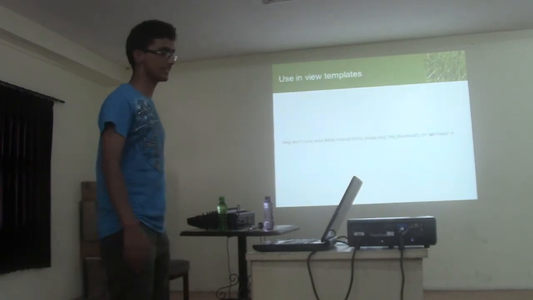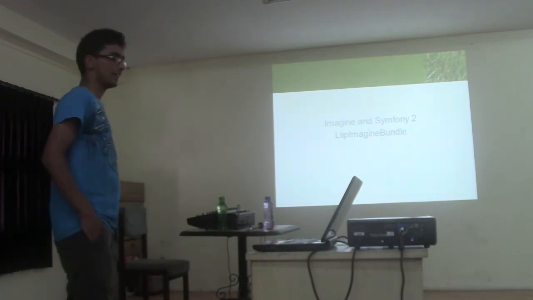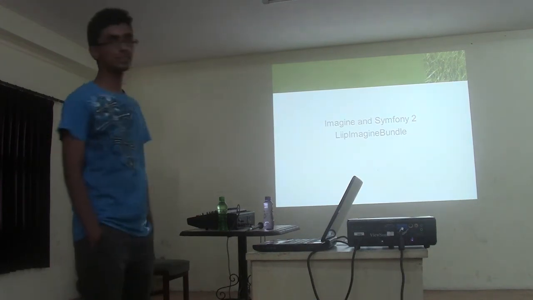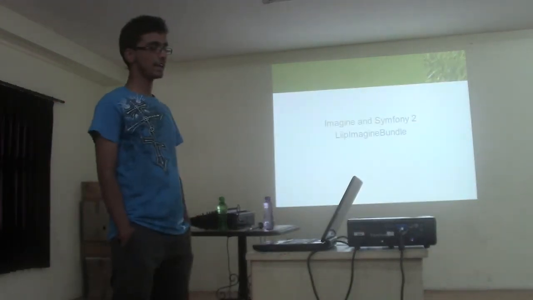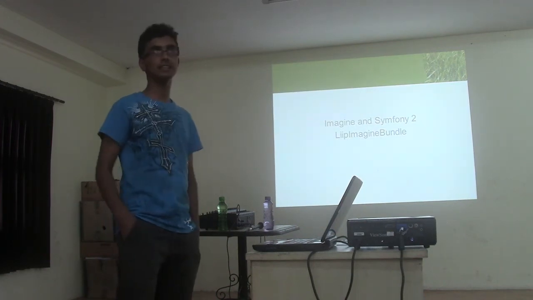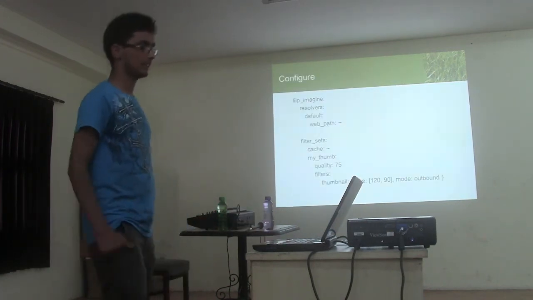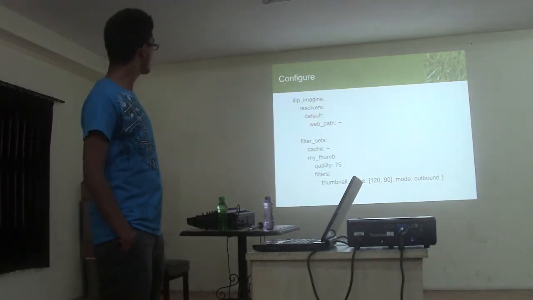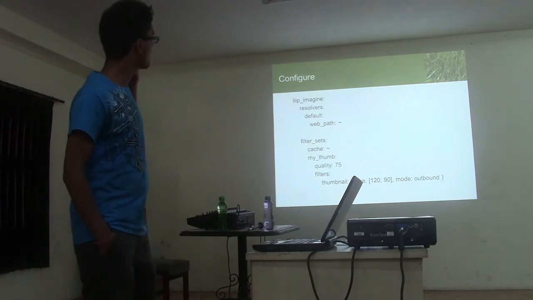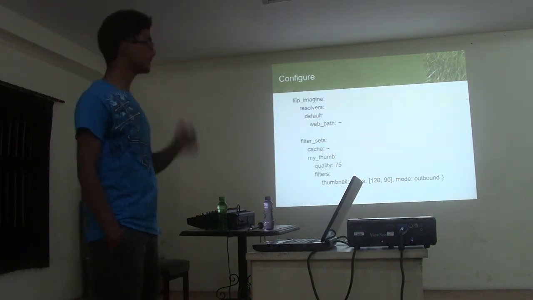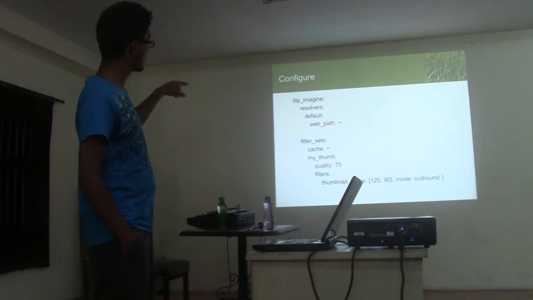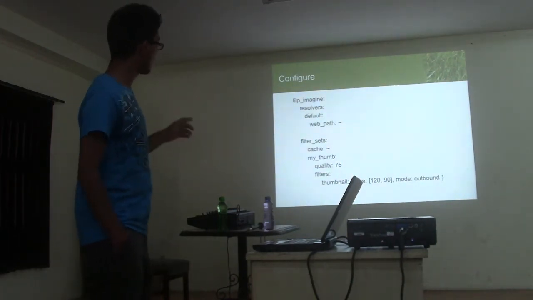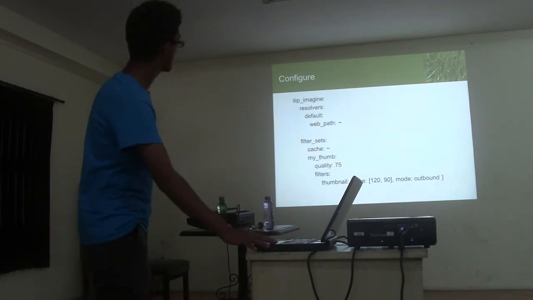So that's the basic integration between Imagine and Symfony 2. This LiipImagine bundle is a Symfony 2 bundle which acts as a glue between Imagine and Symfony 2. This is how you configure Imagine in Symfony 2. You create a resolver to resolve images, and I have created a filter called myThumb, which basically creates a thumbnail of size 120 by 90 and outputs in a quality of 75.